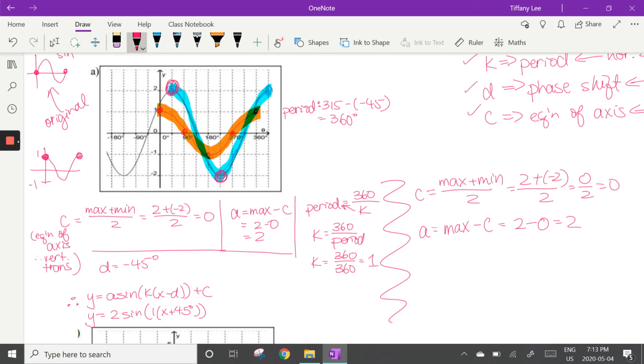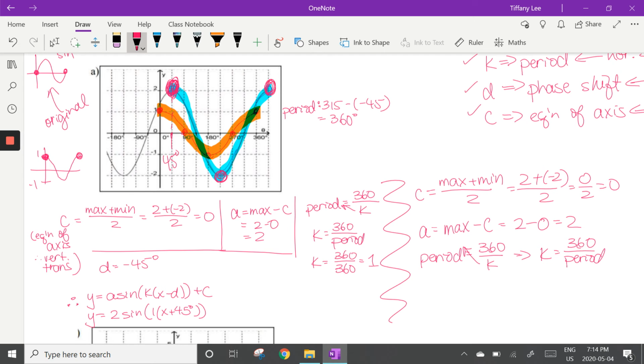And then let's take a look at our period, or our k value. So we know period equals 360 over k. Isolate for k. So that's k equals 360 divided by our period. Right, so let's look at our starting point. Right, so our starting point here is 45 degrees.